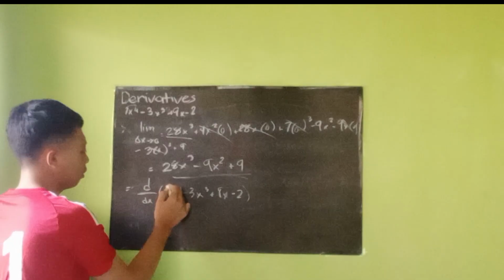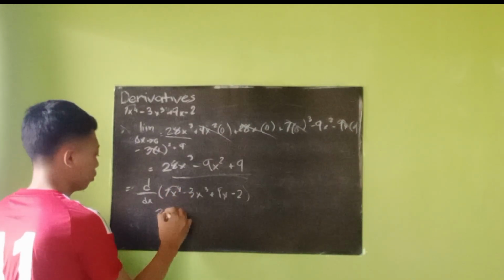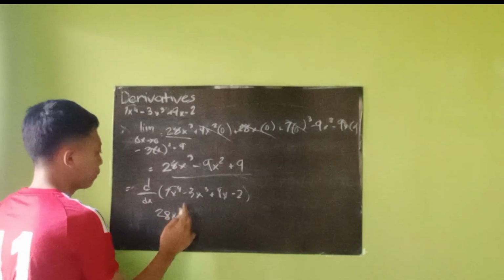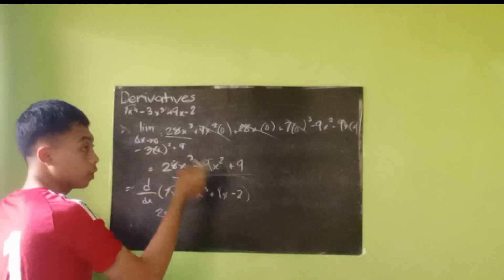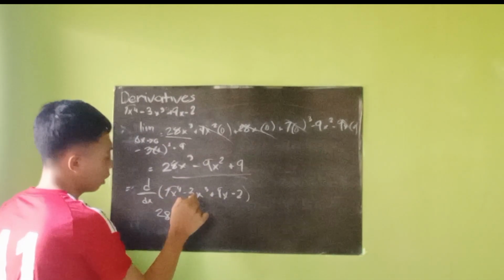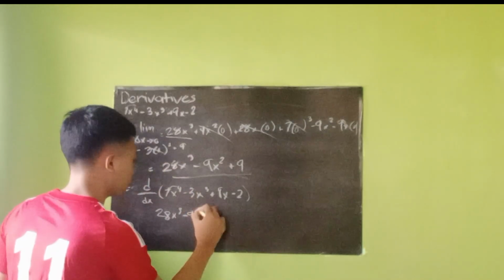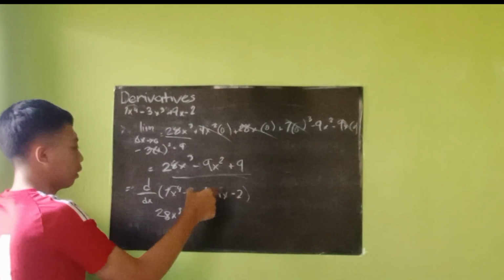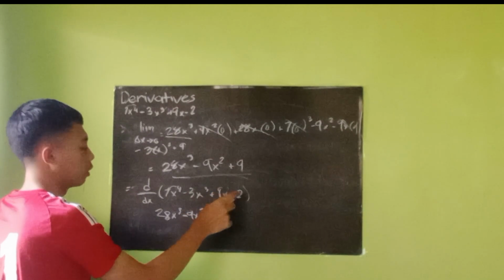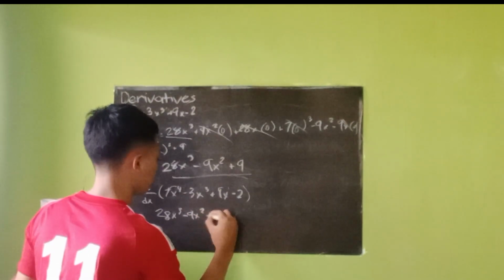So this one again 28x cubed. Negative 3 times 3 is negative 9, x raised to the power of 3 minus 1, that is 2. This one already has an exponent of 1, so it's already understandable. 1 times 9 is positive 9.